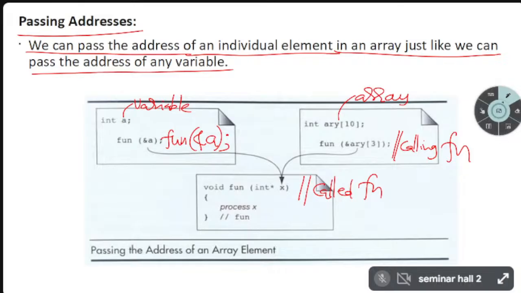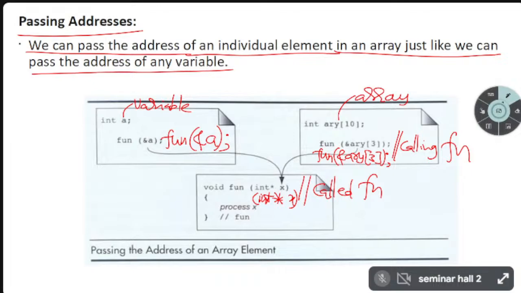This is function of ampersand array of 3. And here it is int star x, void function int star x.